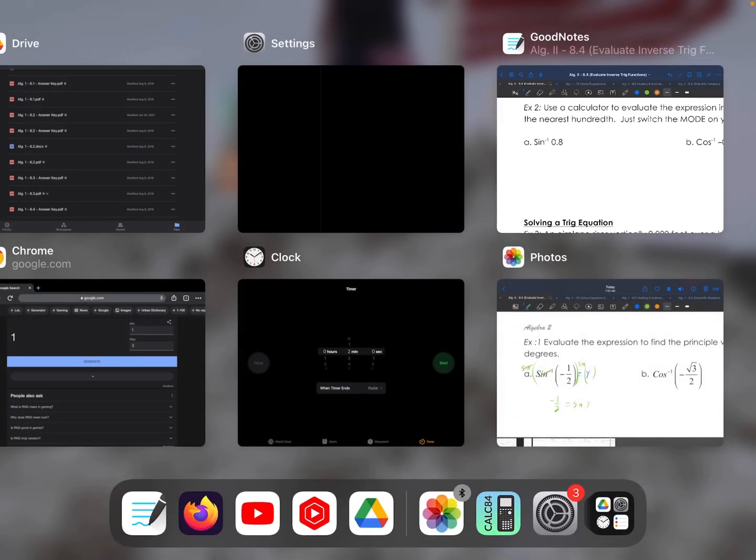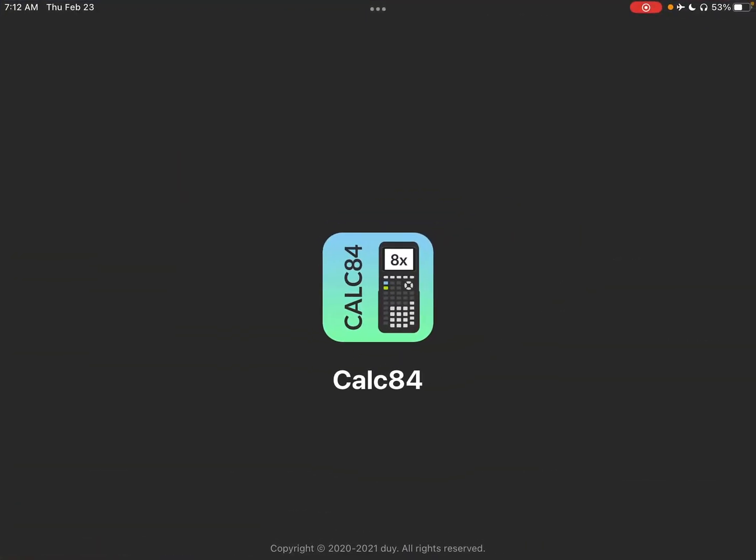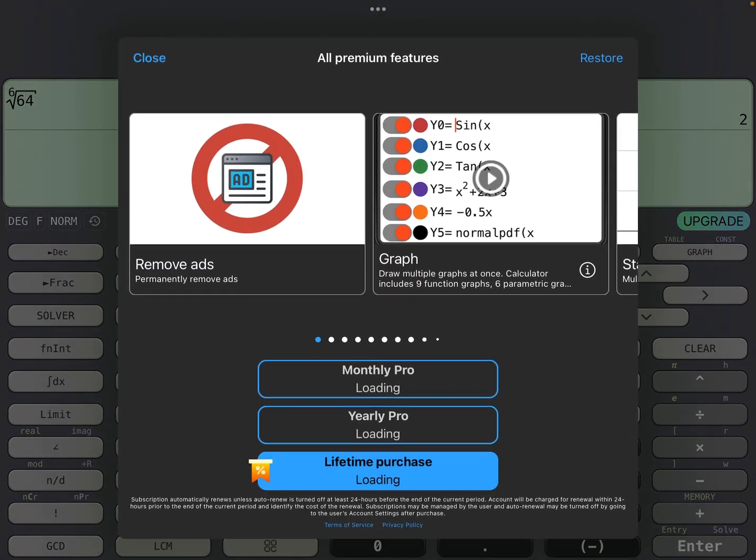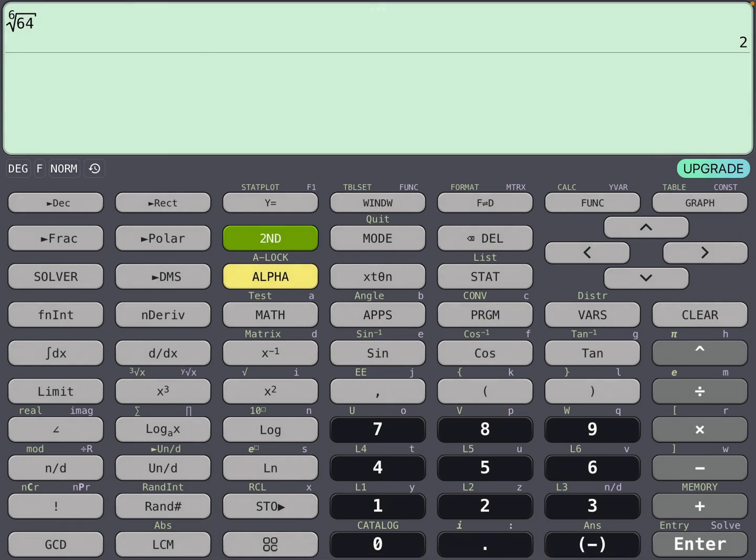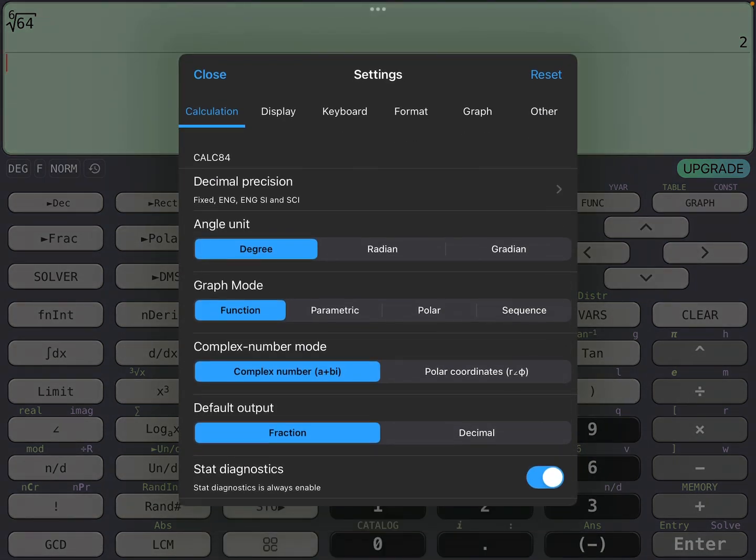How you switch the functions is you go to your calculator, and whether we're using the in-class calculators or Calc84, either way it's the mode button, located at the top of the calculator. There's an option in there for you to select between degree and radian. Ignore gradient for our purposes, and just pick which one you want.